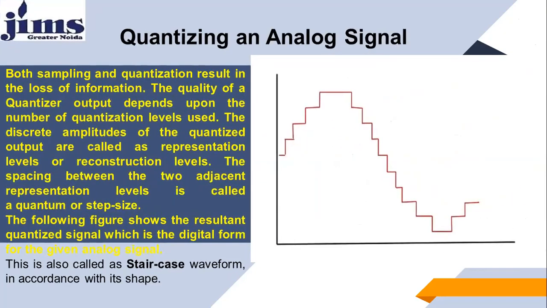So both sampling and quantization result in the loss of information. That is true, because you violate the analog signal, and analog signal is nothing but the information. If you do anything with the information, you have no right to change the real information. So engineers can't even touch an analog signal, the information signal.